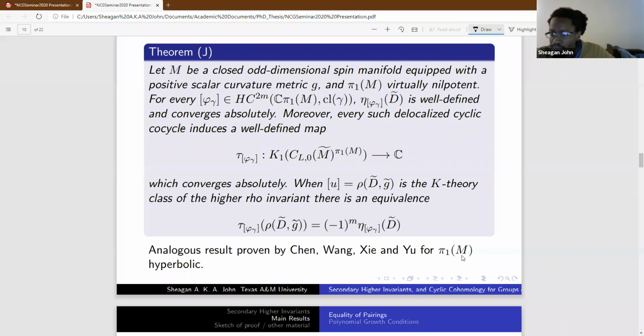And if time permits, I'll also want to speak about what happens when we move away from the realm of hyperbolic and virtually nilpotent groups. Can we still say something so strong, even though we might lack a lot of the geometric information which these two classes of groups provide?